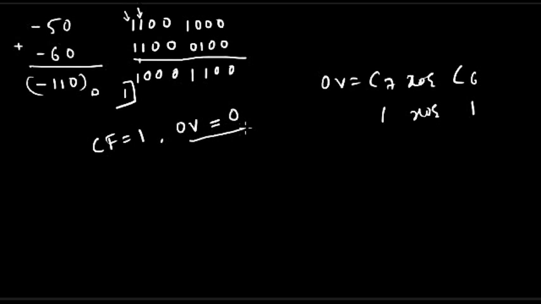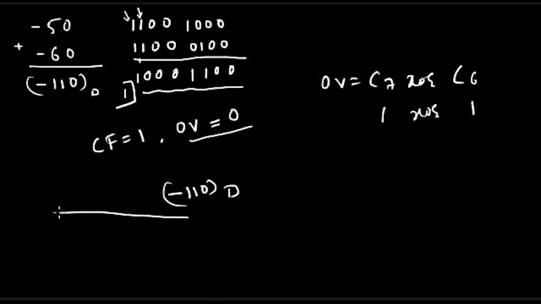So the overflow flag is set to 0. As the overflow flag is set to 0, we can say that the result we have got is the right result. If we calculate the magnitude of the result, it is nothing but minus 110 in decimal, which is the required result. So we can discard this carry flag, and the result we have got is the right result.